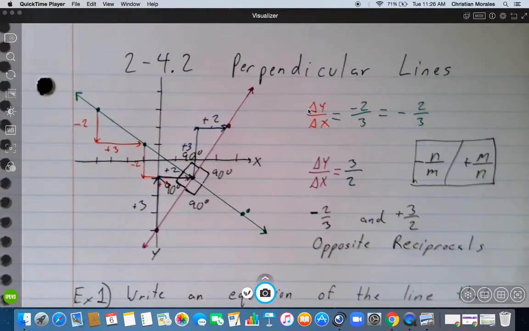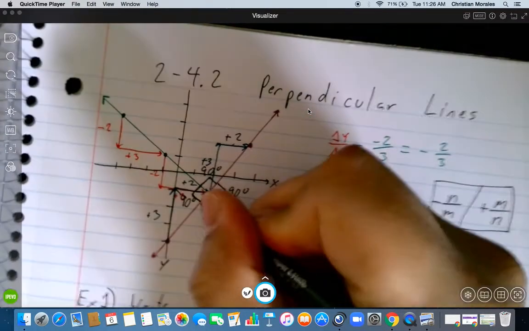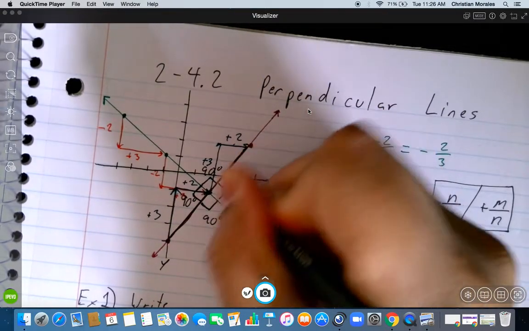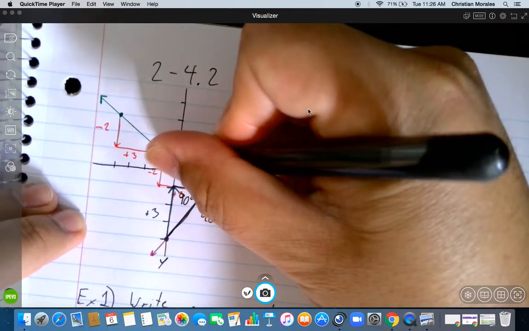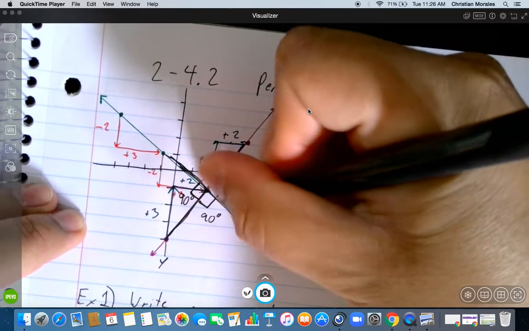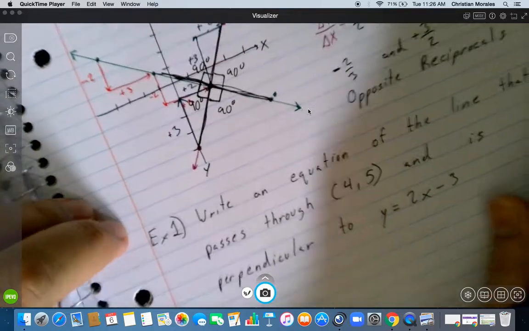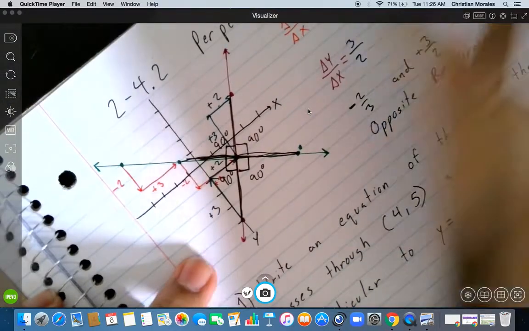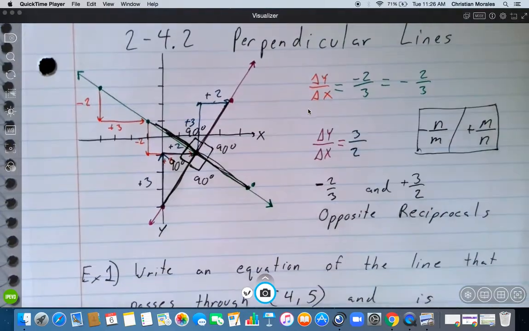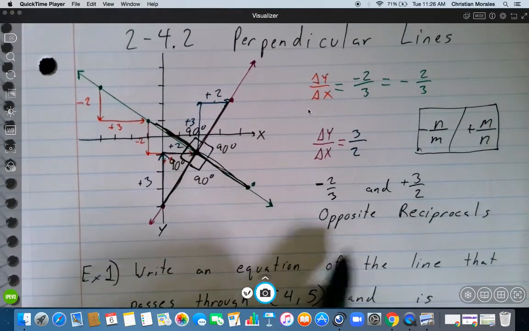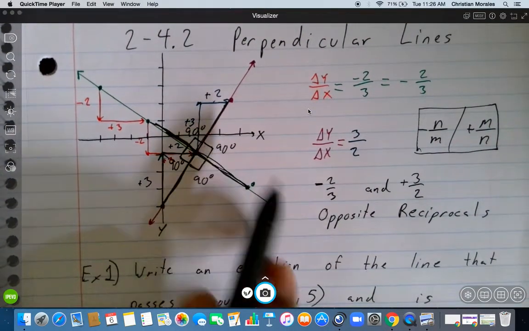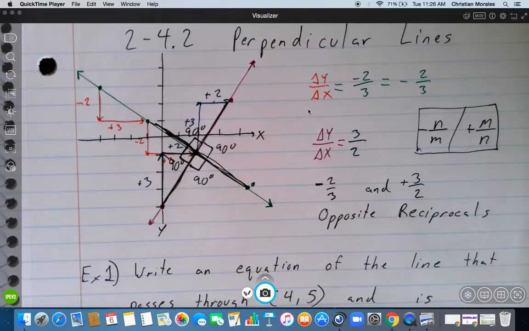It's almost like a perfect X. If you just focus on the lines, they cross and make a perfect X, or the perfect T, if I turn this around. But the way you know that it's actually perpendicular is by the slopes. Since right now you can't measure the angles, you're going to measure the slopes. So that's perpendicular lines, guys.